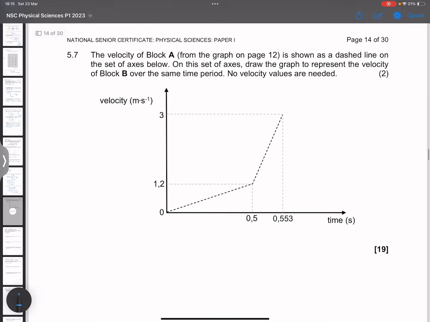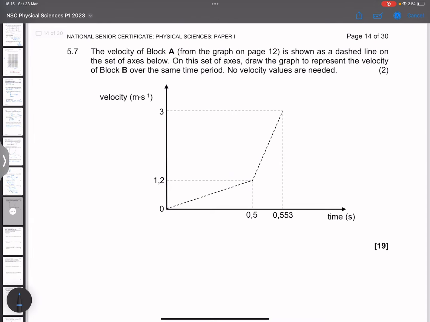So finally, they say to us, the velocity of block A from the graph on page 12 is shown as a dashed line on the set of axes below.